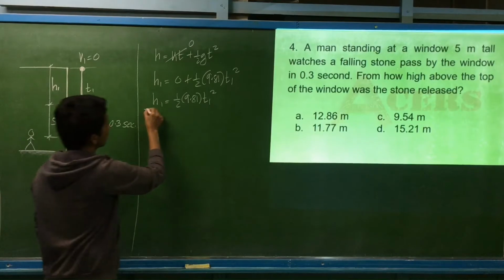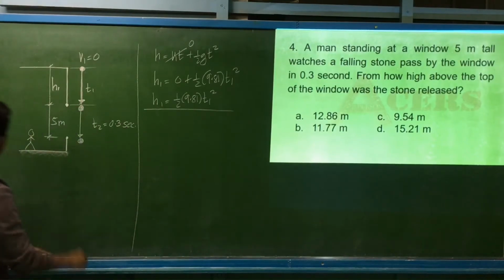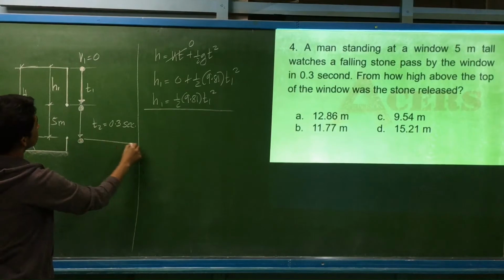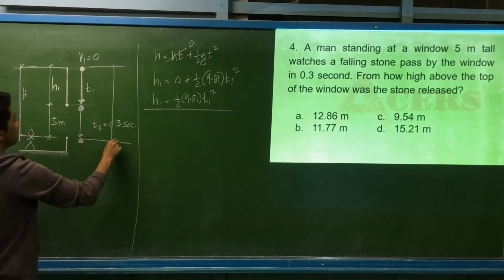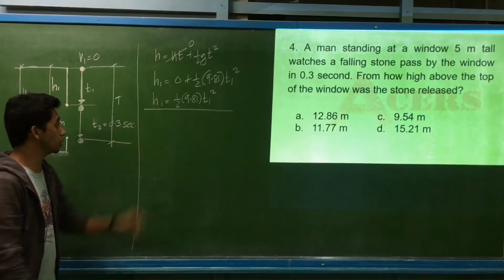So what is next? Let us use the given, the 5 meters and the 0.3 second. So we are considering the total distance. This is our total distance H, and our total time, of course. So we are just to use this equation.